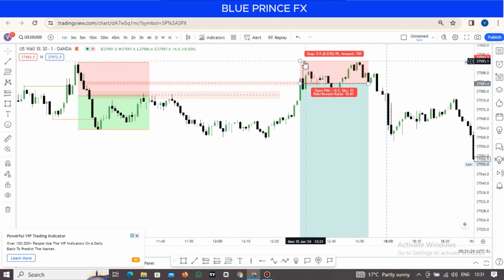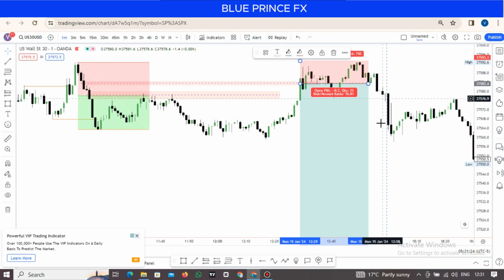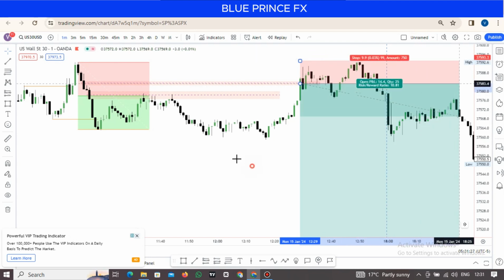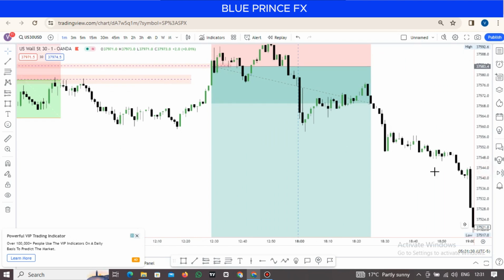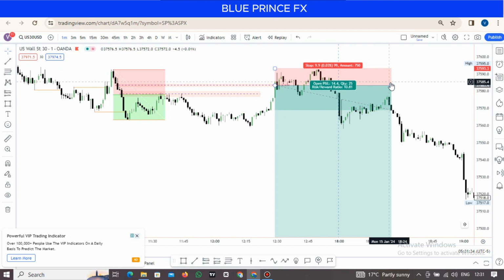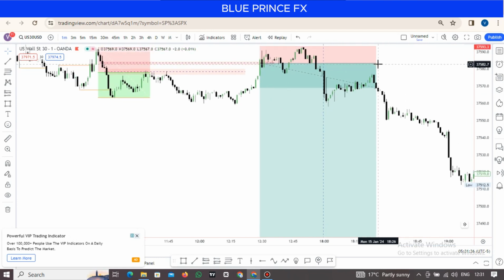And the market entered. You can see it didn't take out your stop loss here. Let's see how long it took.